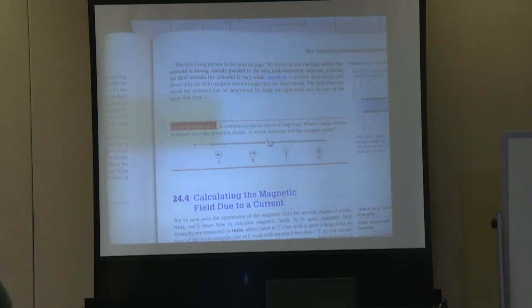Because with physics questions, you have to be very careful with the wordings of the questions. A compass is placed above a long wire, and when it says above the long wire, you have to just kind of assume that you're looking down on it.